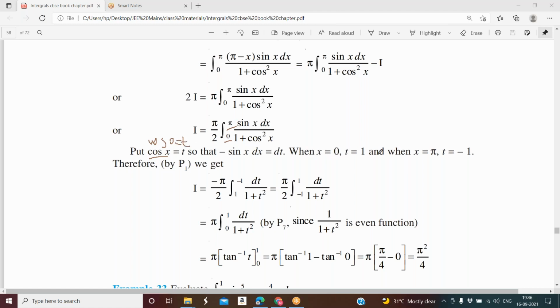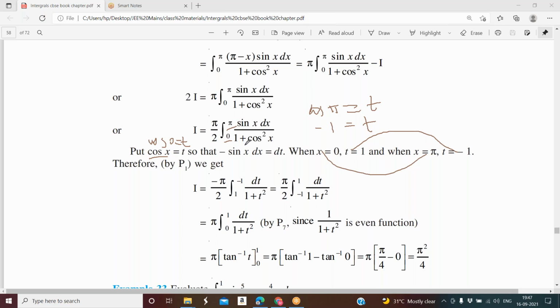When x takes pi, cos pi value is minus 1, so t is minus 1. So when x varies from 0 to pi, t varies from 1 to minus 1.